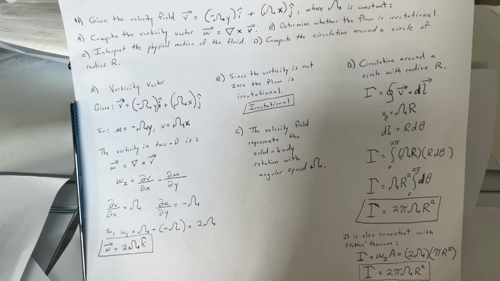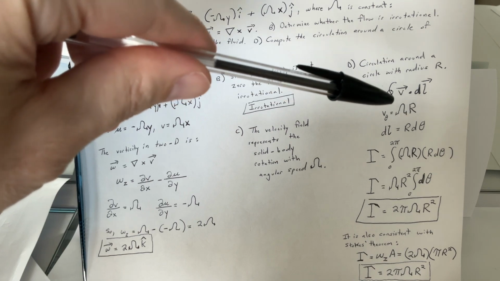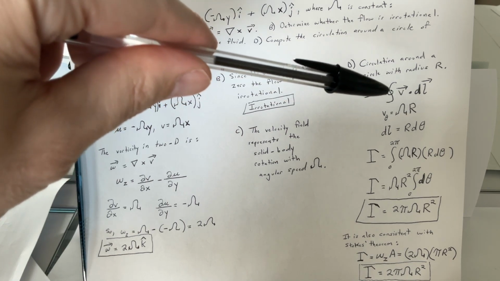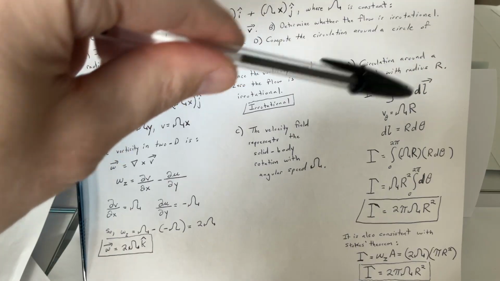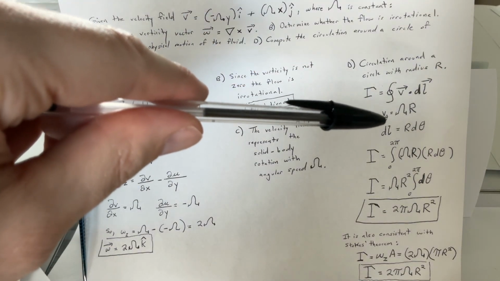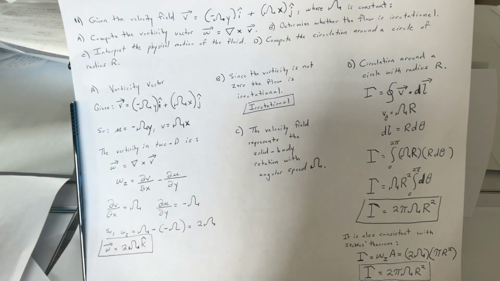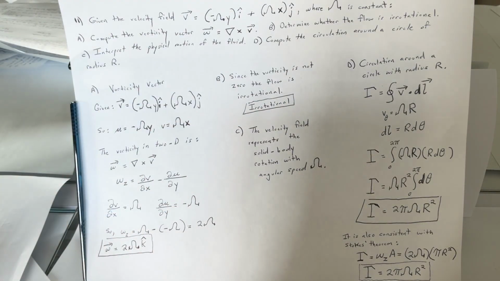We're going to set that up as this integral. It's going to be this line integral of v dotted with dl. So v sub theta is going to be omega capital R.